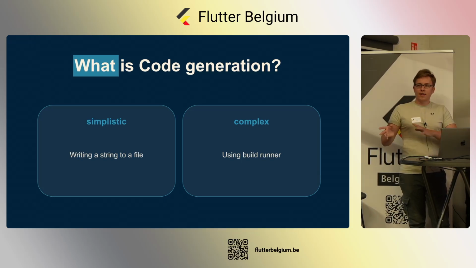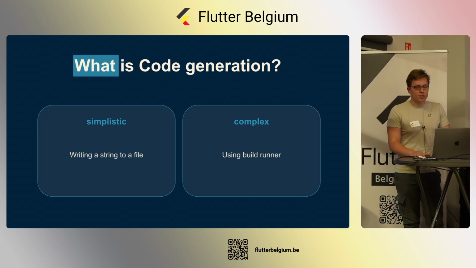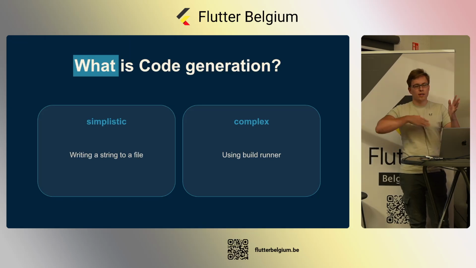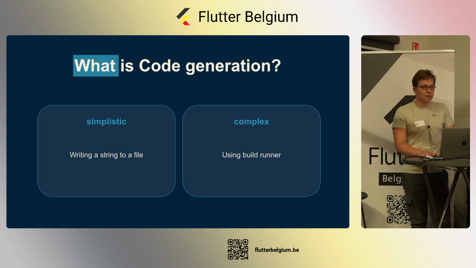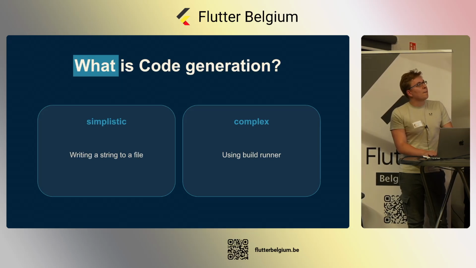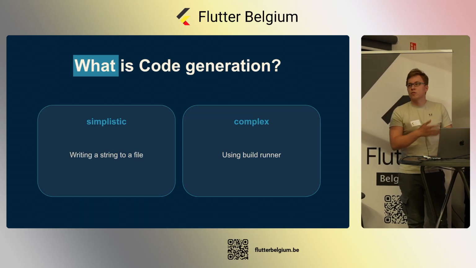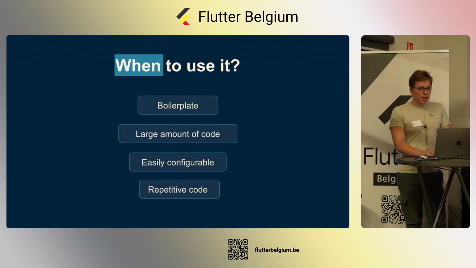And then if you want to get fancy, you can do complex code generation, which is going to plug into Build Runner, which I think most of you here use. You can add an extra builder on top of it, and that's going to run with all the rest of the builders you already have. You can also say if you want to run before builders or after builders. So it's a very powerful way to do code generation and to just automate it every time.